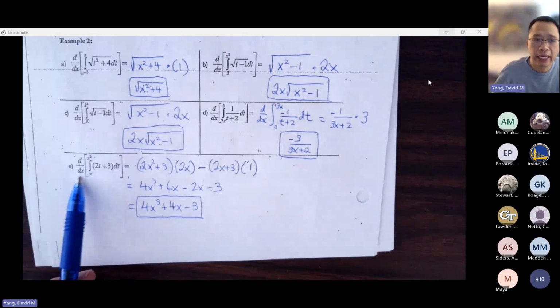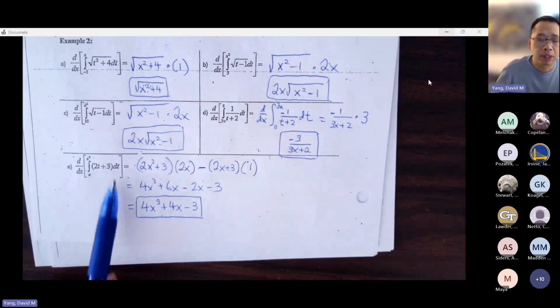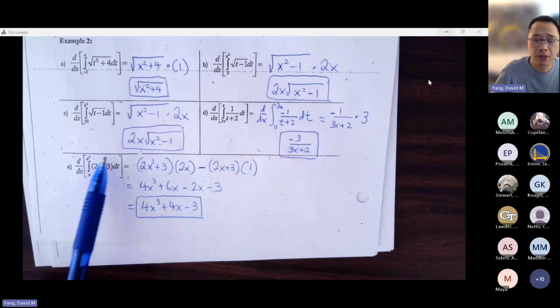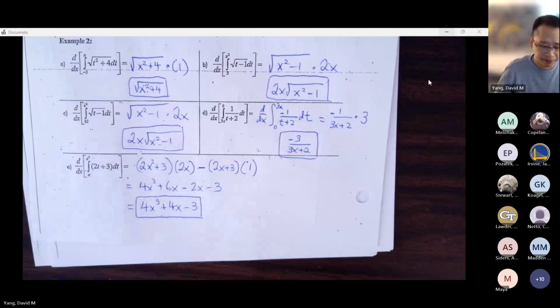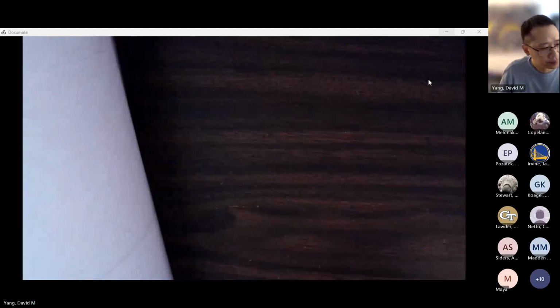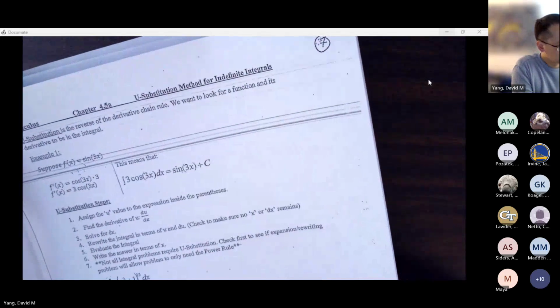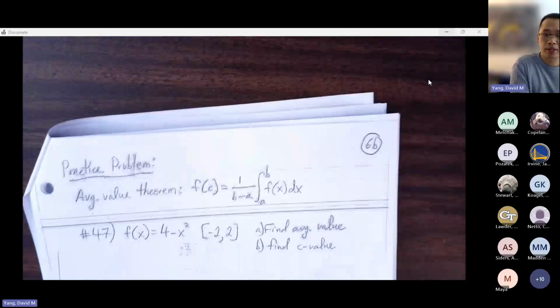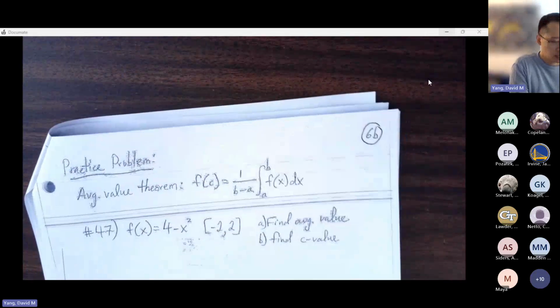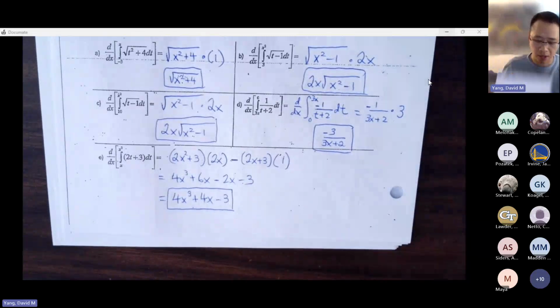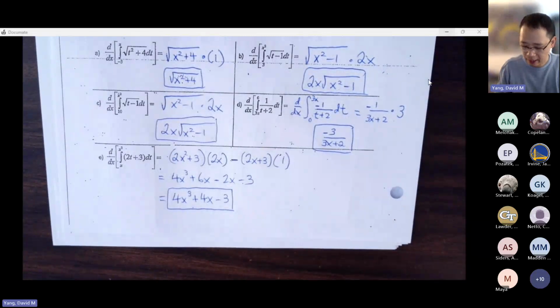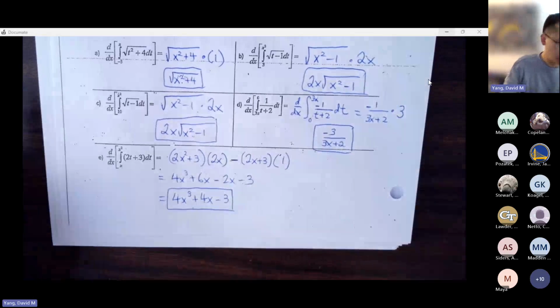So I want to do part E again, but do the full process. And I want to show how much longer that can be and how this process is getting the same answer as if we were to do it this long way. So if you have any space, I think you use space in 6B or 6C for us to work through this problem with the full procedure that we know with power rule and everything.